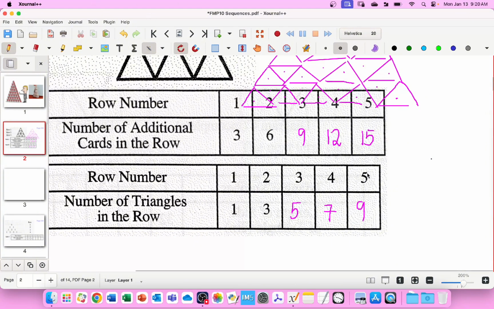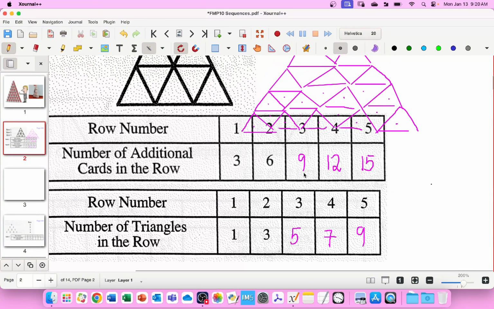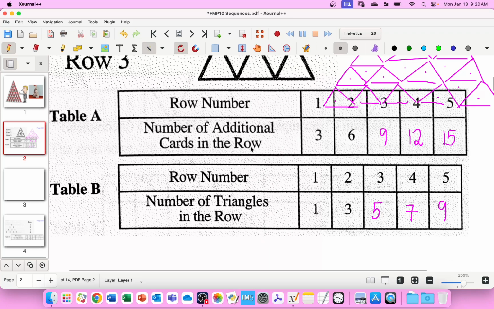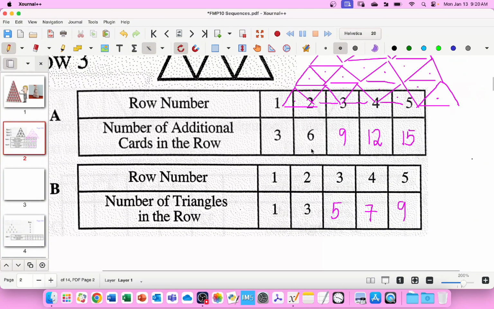Okay, so why are we talking about this? What's going on? The thing to notice is that both of these tables give us a sequence, which is basically a list. So we have a list of numbers, right?